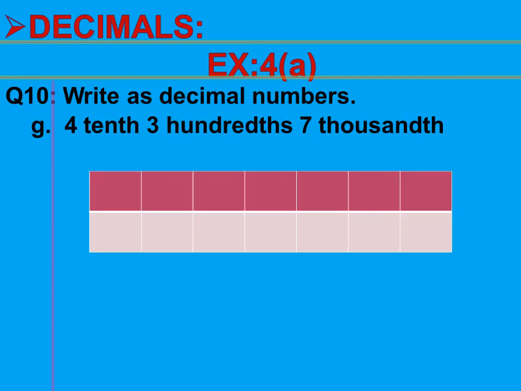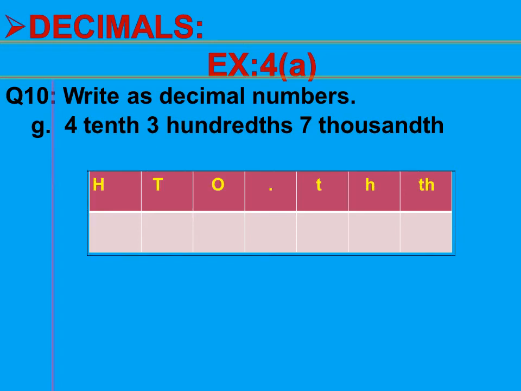Now we will move to the next part, that is part G. 4 tenths, 3 hundredths, 7 thousandths. Dear students, for writing this as a decimal number, we will first make the place value chart of decimal numbers like this.